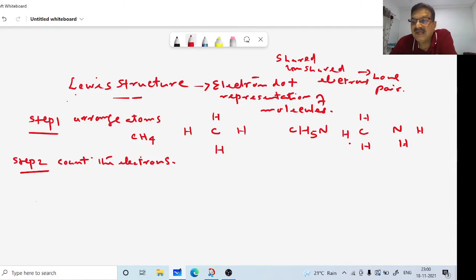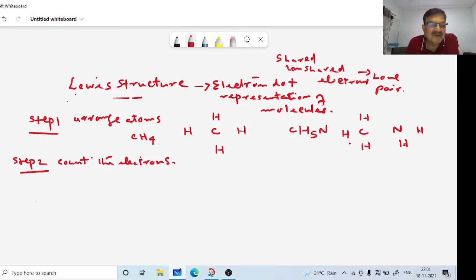And if there is a positive charge, an electron is to be deducted, one electron for each positive charge. Now add everything together. So this sum will give you the total number of electrons that must be used for drawing a Lewis structure. That is step 2.